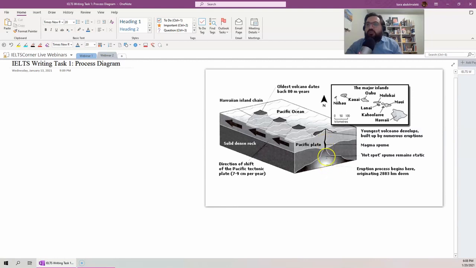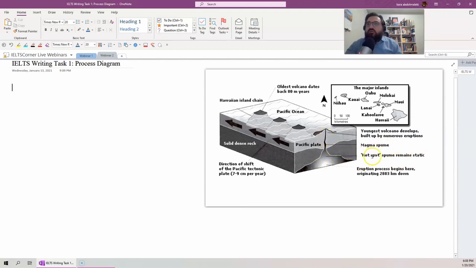It erupts every now and then and it creates a new island, right? So eruption process begins here, originating 2,883 kilometers down under sea level, and then hotspot spume remains static, and then magma spume.